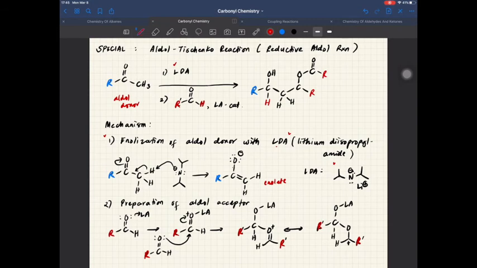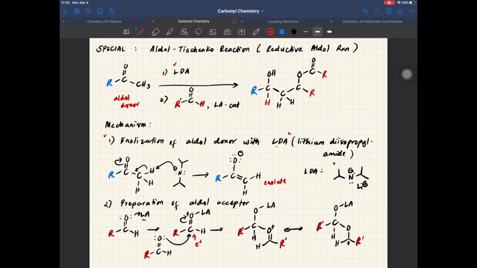And the second one is preparation of our aldol acceptor. The aldol acceptor is prepared through the use of a Lewis acid activation. This Lewis acid activation will produce a strongly electrophilic alpha carbon, which is attacked by another molecule of aldehyde or ketone.